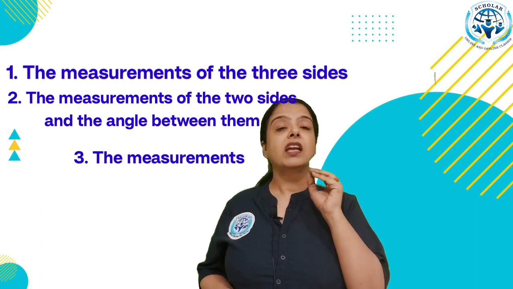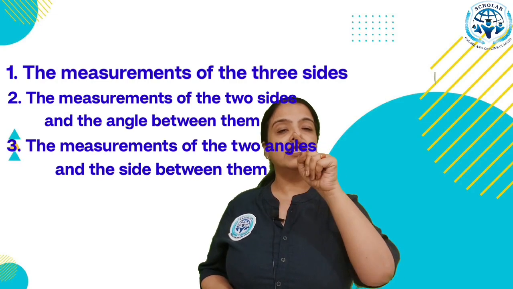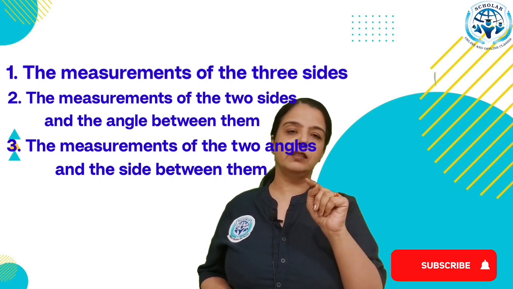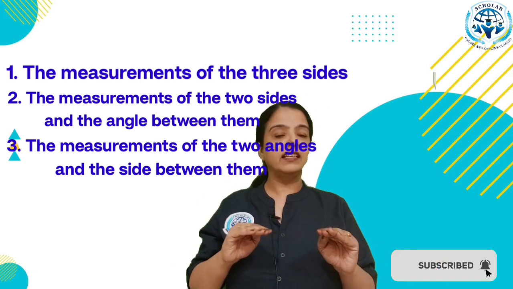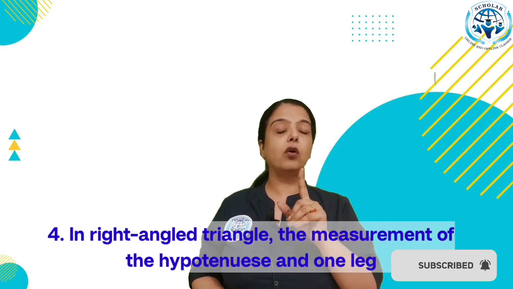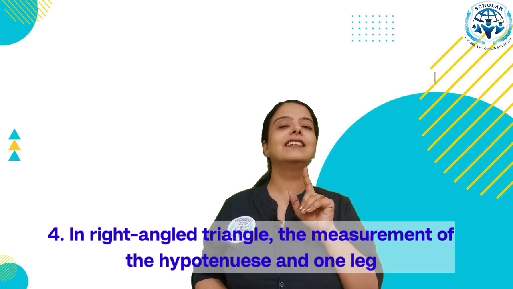Third, if the measurements of two angles and the side between them are given, then we can draw the triangle. In the case of a right angle triangle, if the measurement of the hypotenuse and one leg of the right angle triangle is given, then we can draw the triangle.